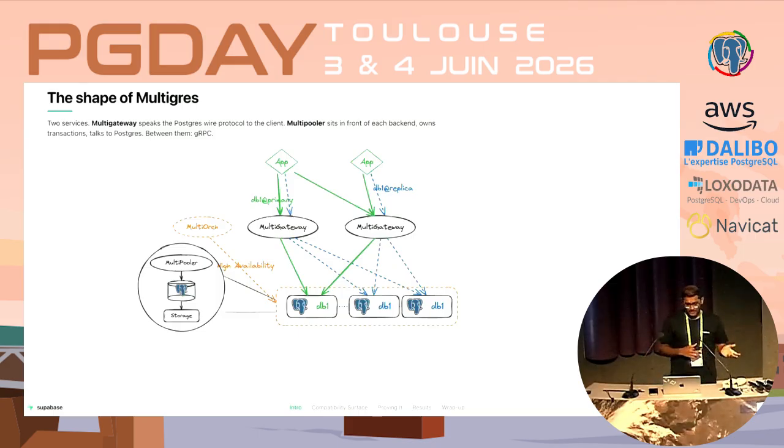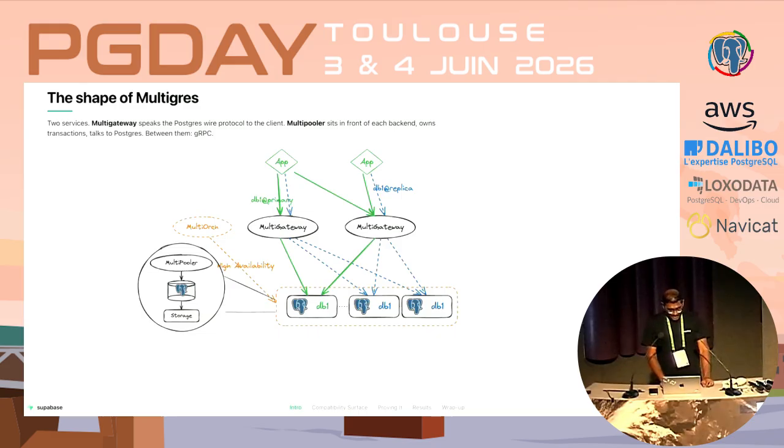And the Postgres protocol and gRPC are fundamentally not equal to each other. They disagree on what is an error, what a result looks like, what an event looks like, etc. And bridging those two worlds is the engineering that we had to do to make it transparent.